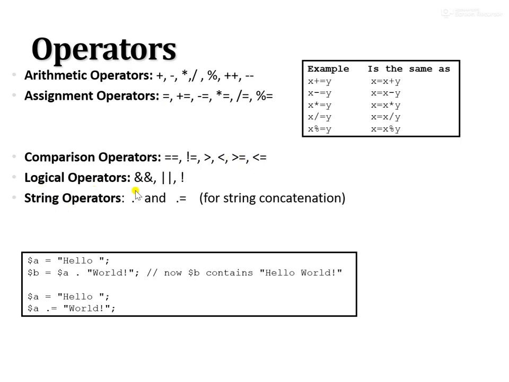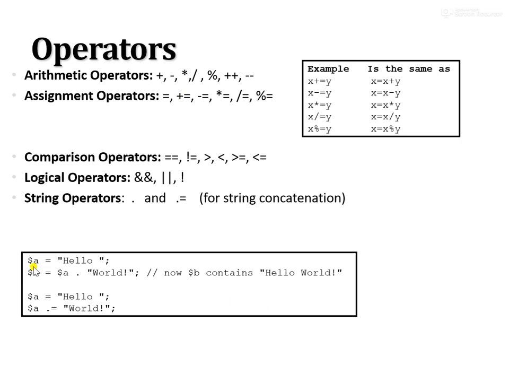We can also use logical operators, that is and, or, and not, and string operators. There are two string operators: one is dot, that is concatenation, and dot assignment can also be used for string concatenation, like plus equals to, minus equals to, dot equals to. And we know that when we write x plus equals to y, x is equal to x plus y for these assignment operators.